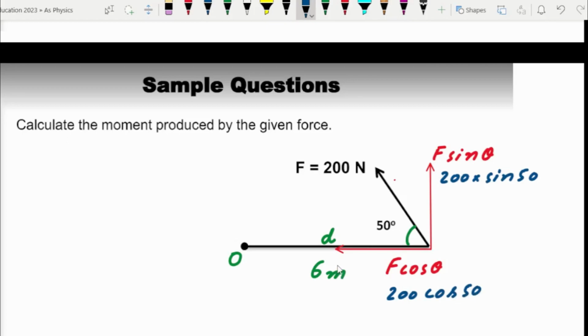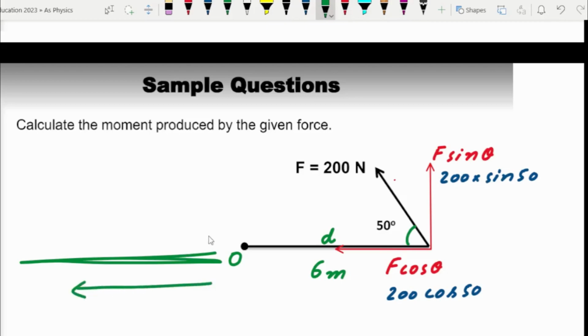Then you find out कि out of these two vectors, now the most important question, out of these two components of force, F sin theta and F cos theta, which one is perpendicular to distance? F cos theta या F sin theta? Which component is perpendicular to distance? आपके distance की line ये है horizontal, एक component है force का इस side पे, दूसरा है आपका इस side पे. इन दोनों में से कौन सा आपका component perpendicular है distance के?